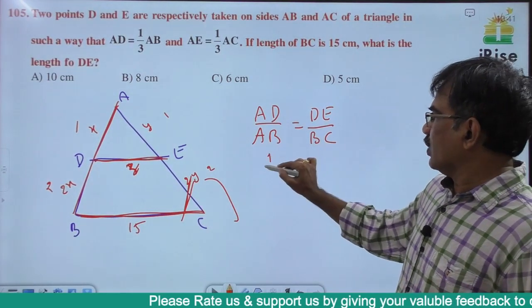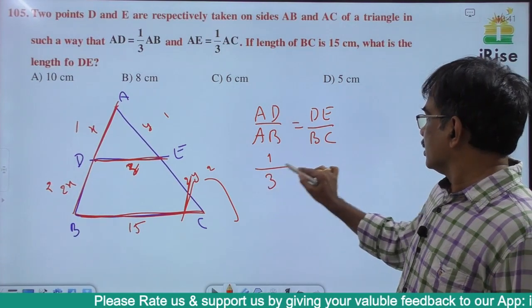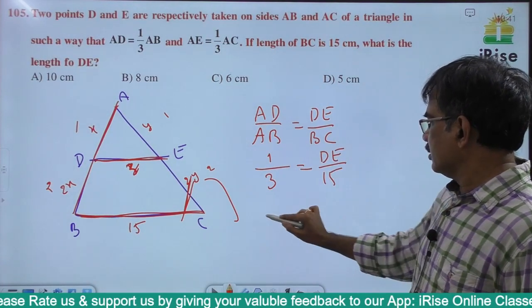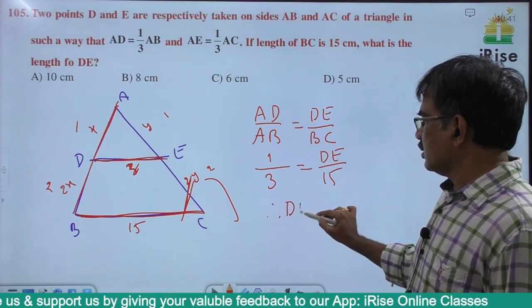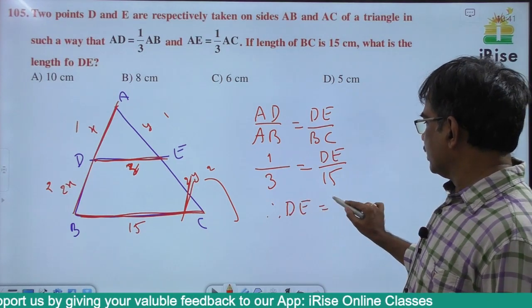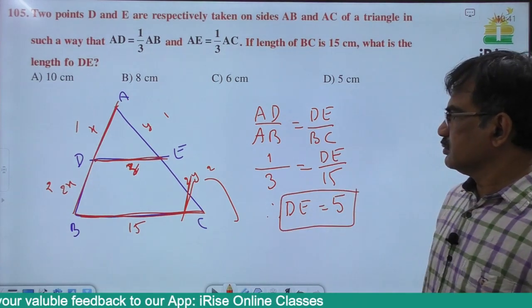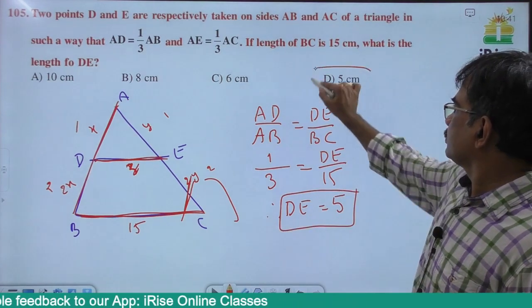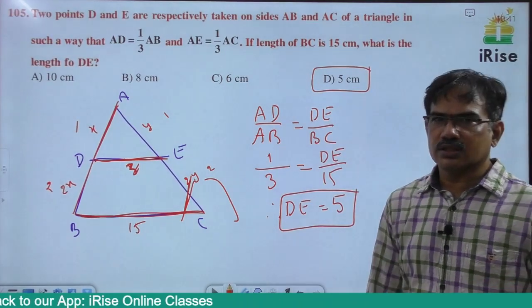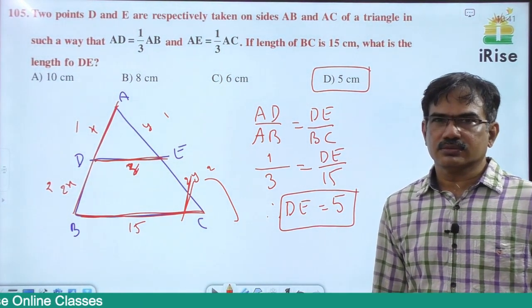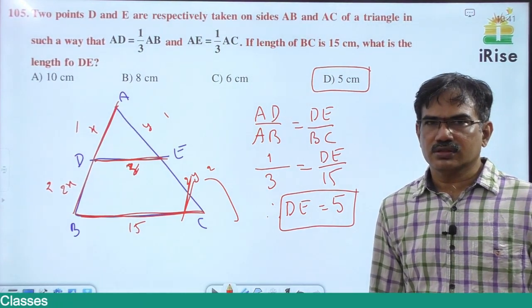So AD 1, AB 3, DE not known, BC 15. Therefore, DE is equal to 15 by 3, which is equal to 5 centimeters. The answer is 5 centimeters. Okay, understood? Next question.